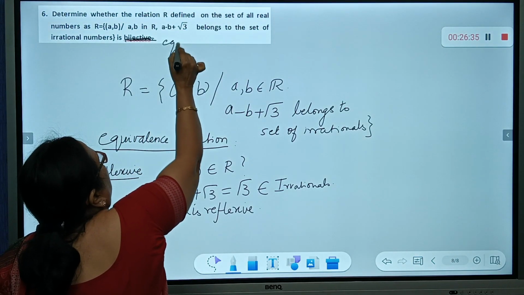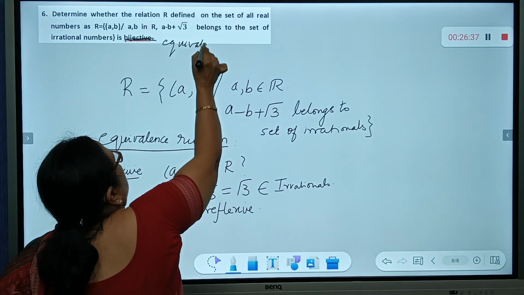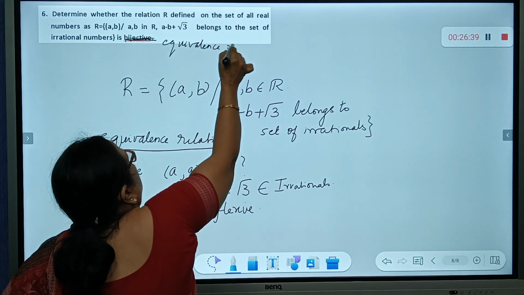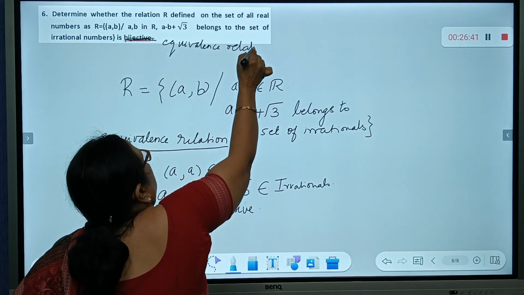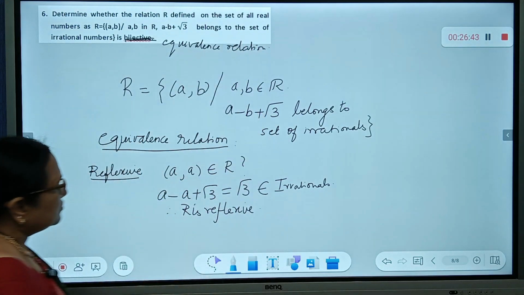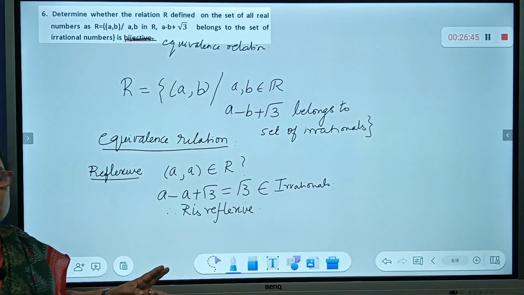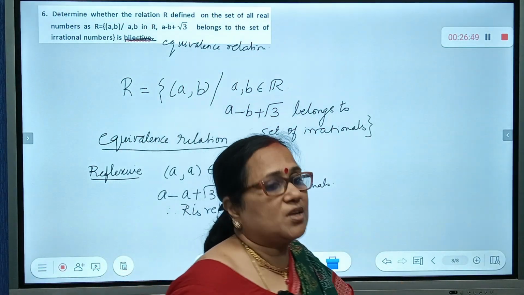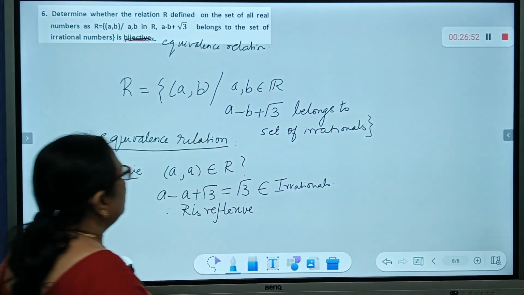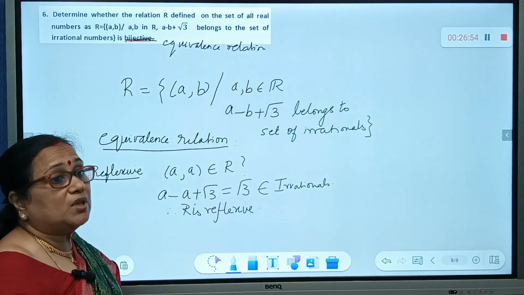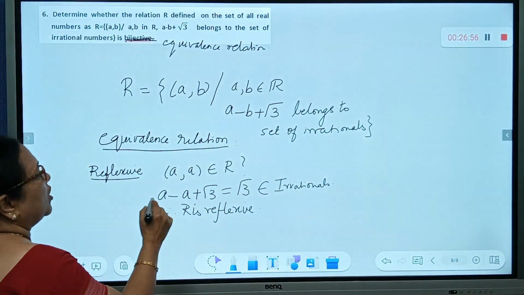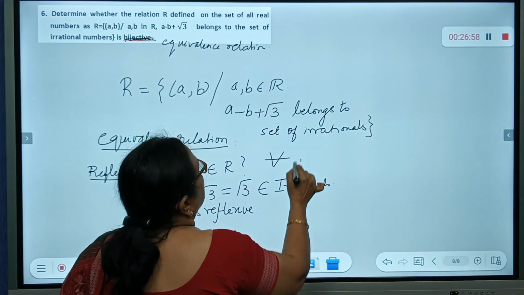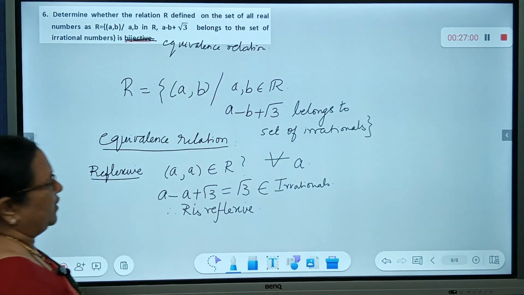So we are checking whether it is an equivalence relation. Now, what are the things you have to check? Reflexive property, symmetry property, and transitive property. So, to prove that it is reflexive, I have to prove that a comma a belongs to R for every choice of a.